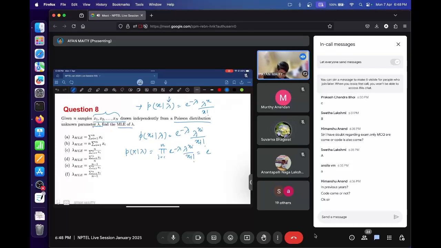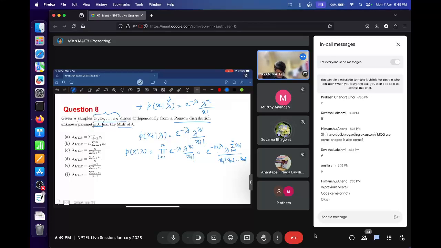So it would give you e to the power minus n lambda, lambda to the power summation over xi, i equals 1 to n, divided by x1 factorial, x2 factorial up to xn factorial.